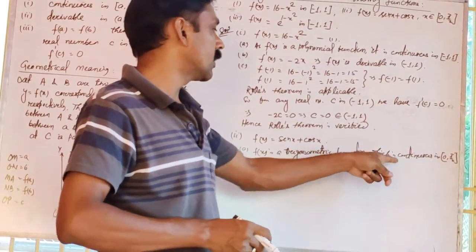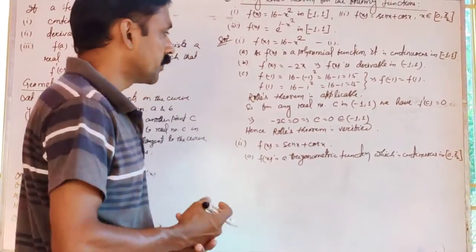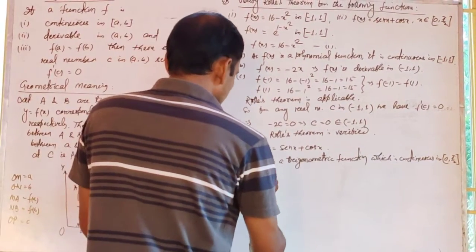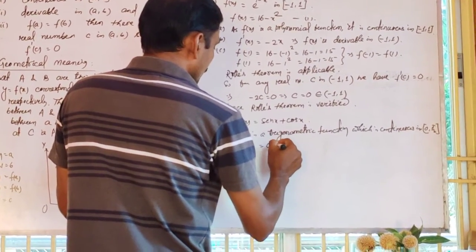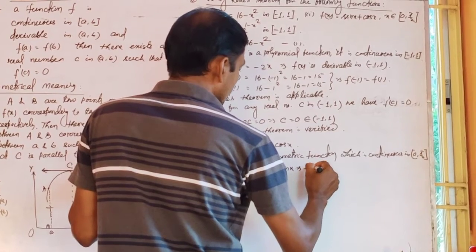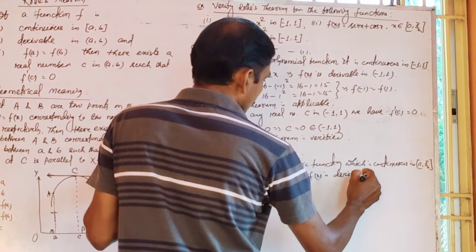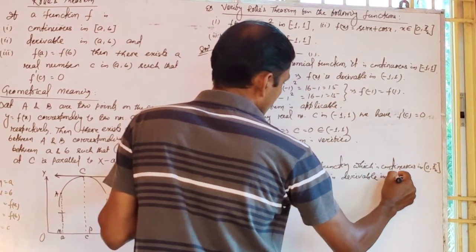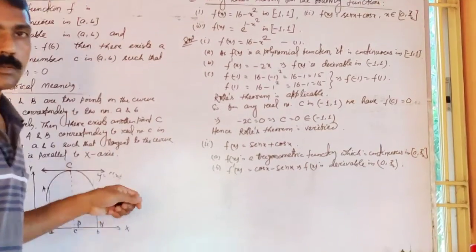If you take any value, at that value its limit and value will be equal. Second, f dash of x is cos x minus sin x. This means f of x is derivable in the open interval.